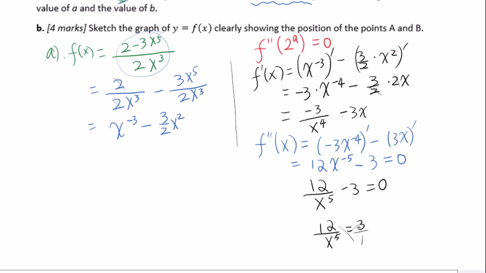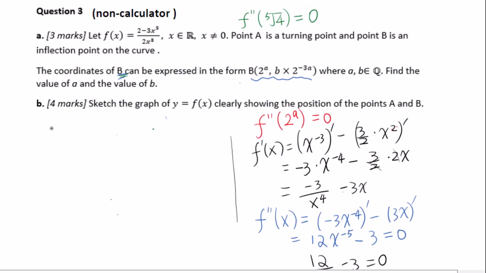Cross multiply: 3x to the fifth power equals 12. x to the fifth power equals 4. Take the fifth root of both sides. So x equals the fifth root of 4.